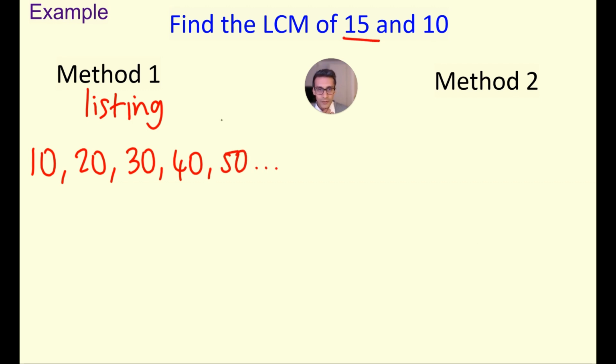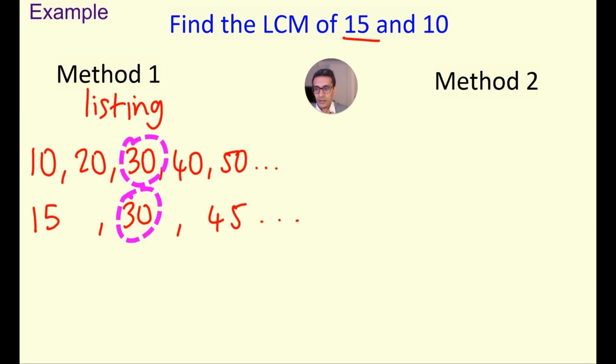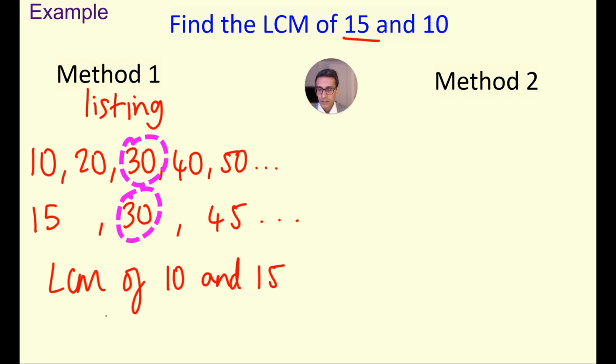In the other case of 15, we're going to write the 15 times table, so 15, 30, 45, and so on. You may have spotted already that 30 is common to both. So the lowest common multiple of 10 and 15 is 30.